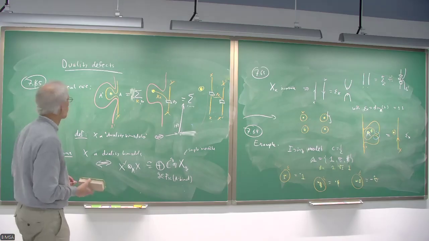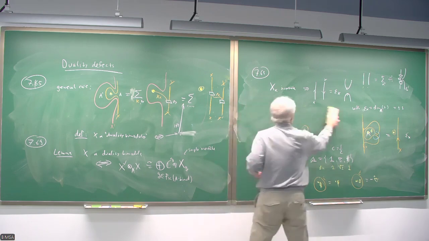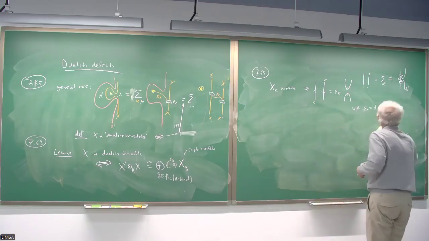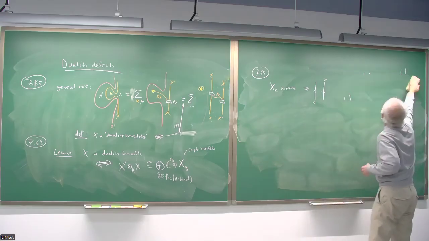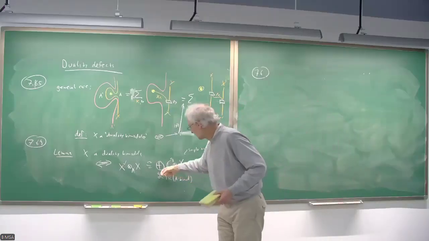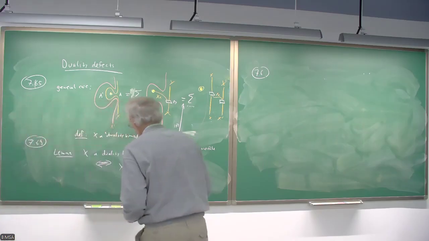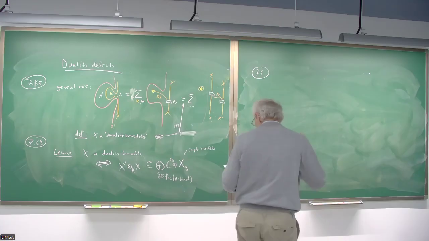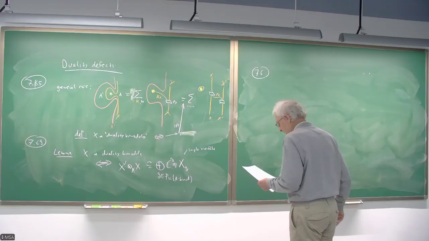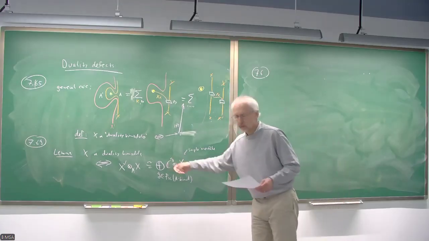A bit more difficult is the following result to prove, and I will not say anything about the proof, which is that not only do we have here some simple, some invertible simple modules, but in fact they form a subgroup of the Picard group, and then the multiplicities are equal to 1.